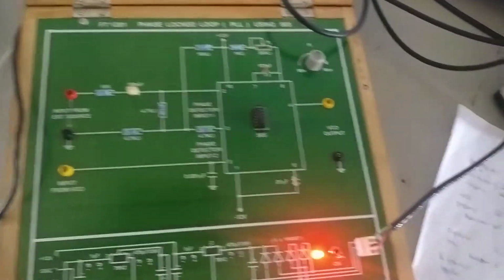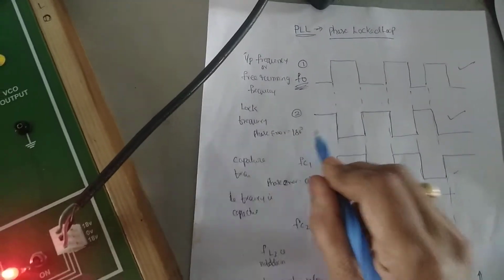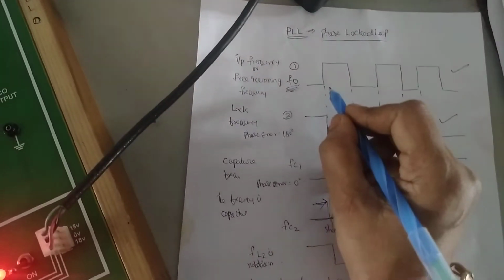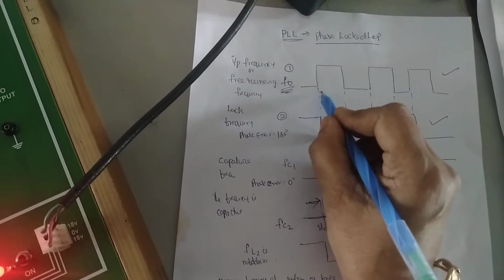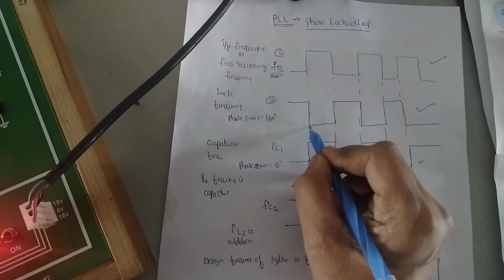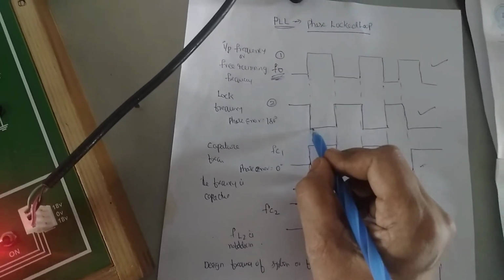if you observe the waveforms, here we have two types: one is the lock range, the other is the capture range. So what do lock and capture mean? The system frequency, the VCO frequency, is exactly 180 degrees out of phase with the unknown frequency, that is the reference frequency.